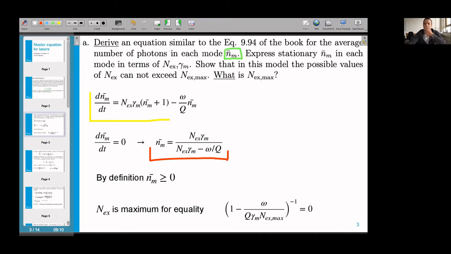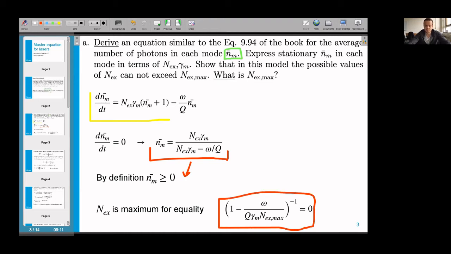So in this model also, by definition, the number operator can take only values that are either 0 or bigger than 0. And from this definition, we can express an equation for the maximum number of excited atoms that I write here.